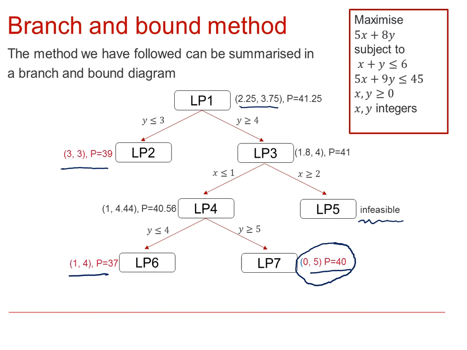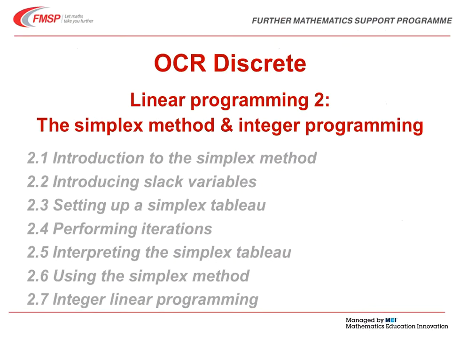Note that the value is not as high as the optimum solution 41.25, but that was because that value was for an optimal solution with non-integer coordinates. This is the final video of Linear Programming series 2.